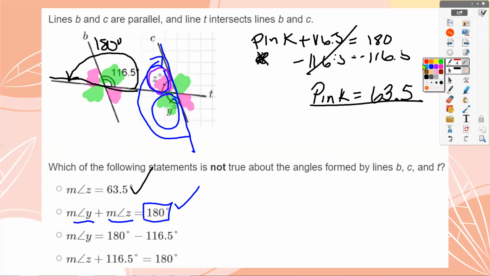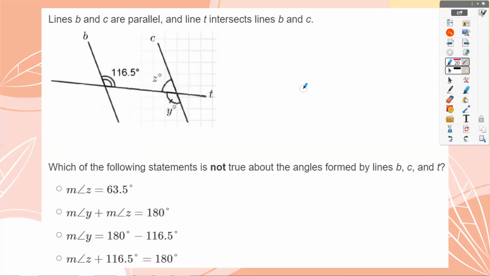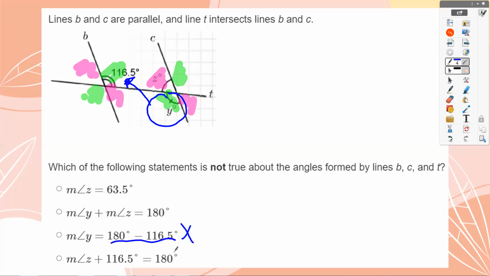Then the next one says angle Y. I'm gonna have to clean this up and redo my colors. Okay, it says angle Y is equal to 180 minus 116. Well, Y is in green, and I know Y is 116, so I wouldn't need to do any kind of subtraction problem.